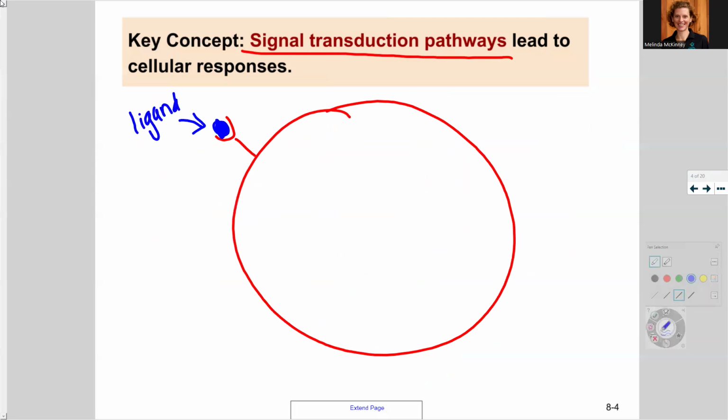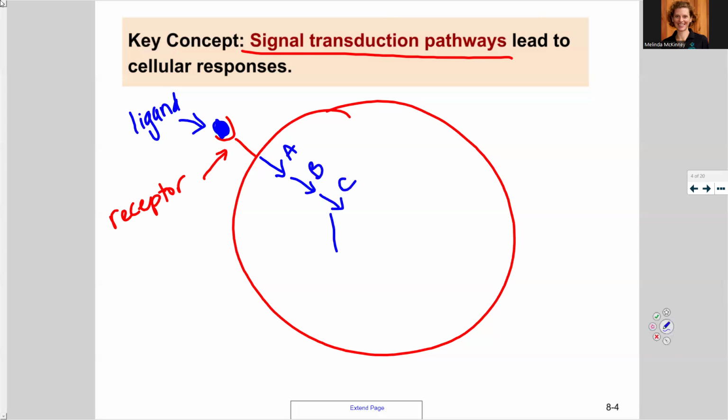When it's received by the receptor, it's going to initiate a series of reactions inside, a biochemical pathway. So you've got reaction A, which goes to reaction B, and then reaction C, and some of these are going to create cascades with D, E, F, and these have reactions.